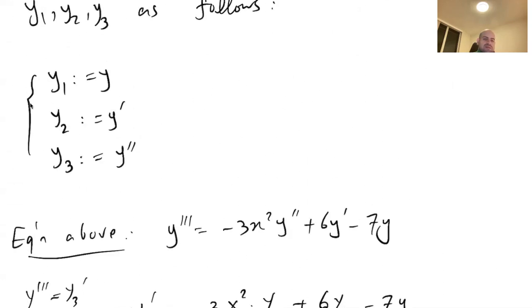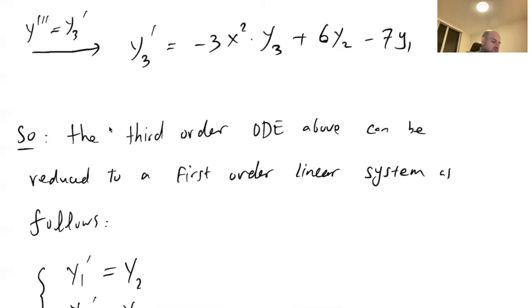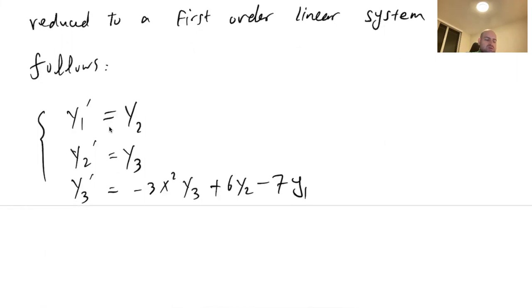But the second equation here, y prime, basically I combine the first two together because it says y prime equals y2, but y is equal to y1 from the first equation. So I wrote the first two equations combined together. I wrote them as y1 prime equals y2.